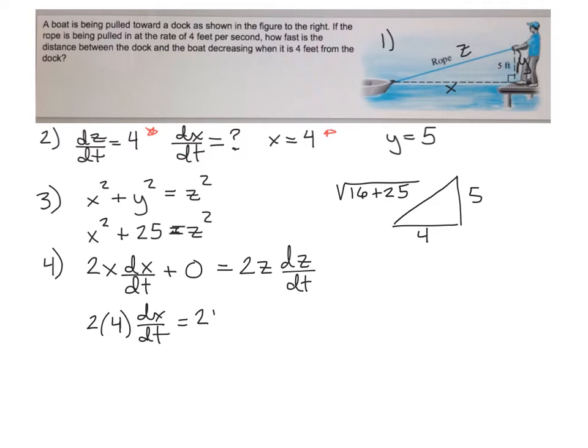So square root of 41 is z, and then dz/dt was given as 4. So our dx/dt is equal to, let's see, I'm going to cancel those 2's. Ooh, I'm going to cancel some 4's. And so dx/dt is going to equal square root of 41. And we could plug that into a calculator, but I don't have one in front of me. All right, next problem.